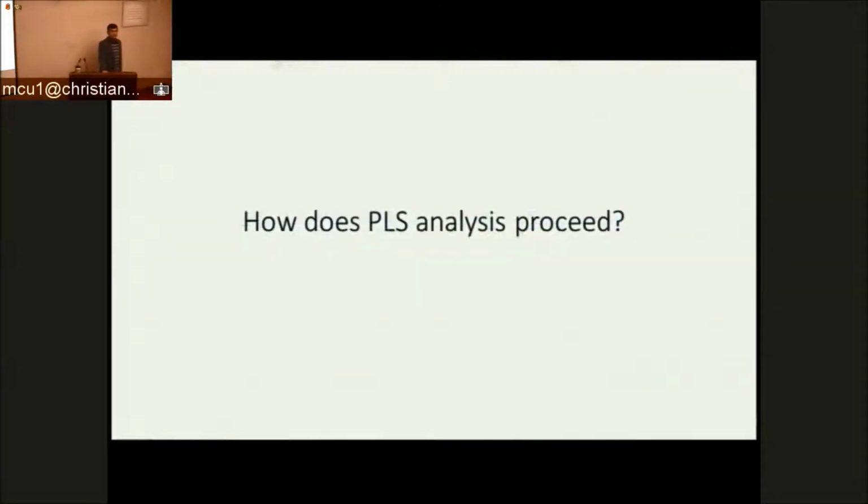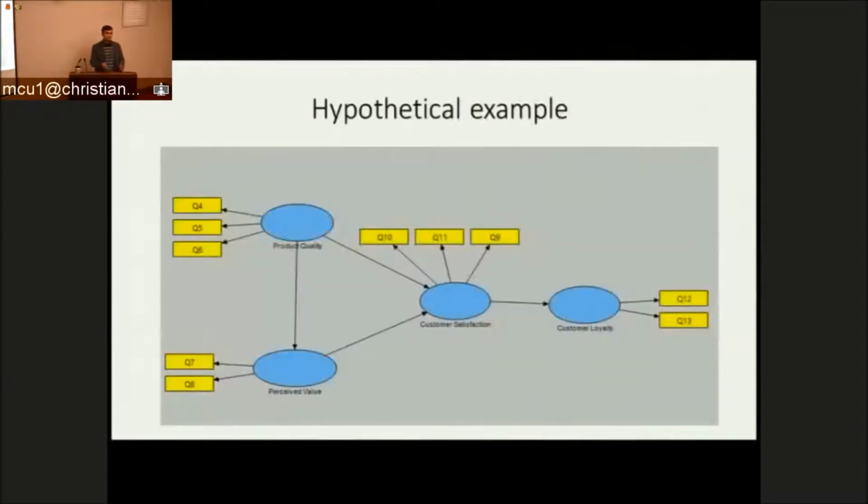So how does a PLS analysis proceed? I gave a lot of information up front, but I really want to show you how a PLS model looks. This is a hypothetical example, a snapshot from SmartPLS. Here you have product quality, the one on top, and this is the perceived value.